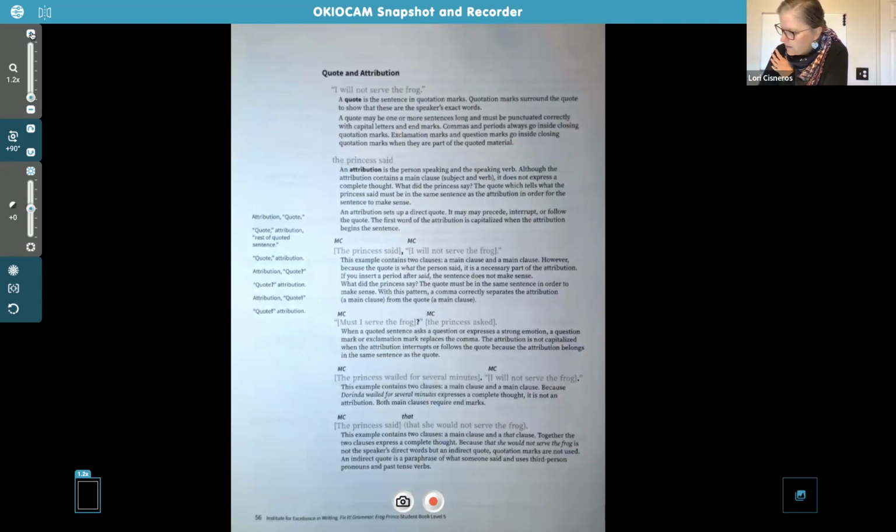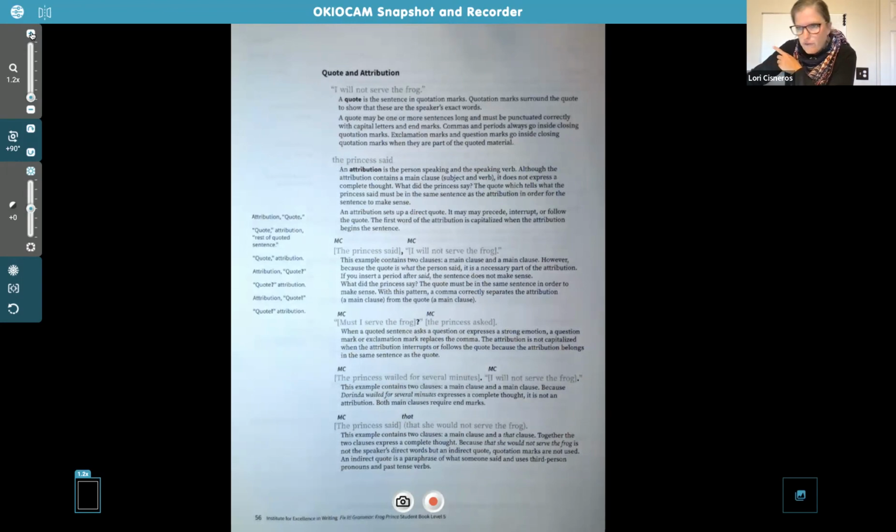That's obvious, right? Quotation marks surround the quote to show that these are the speaker's exact words. And then a quote may be one or more sentences long and must be punctuated correctly with capital letters and end marks. Commas and periods always go inside closing quotation marks. So that's something that sometimes I used to forget, like, where does the period go?